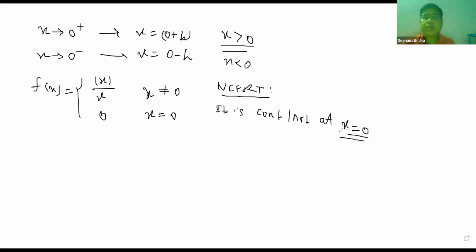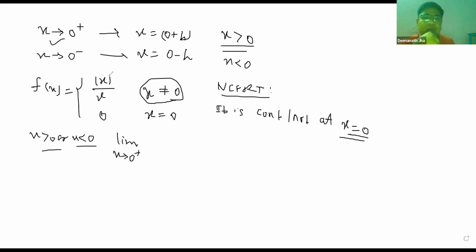Okay, no problem. Write down. First of all, you tell me this is x not equal to 0. What does this mean? It means x greater than 0 or x less than 0. Any problem? No, sir. Okay, so from this part, you will take limit x tends to 0 plus.